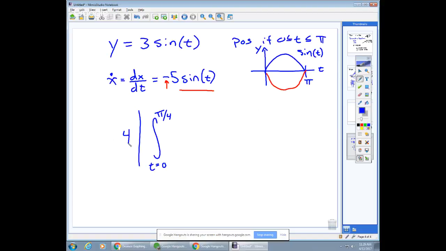I'm going to take 4 times that. And then the integral formula says take your y function, that's 3 sine of t, multiply it by dx/dt, that's negative 5 sine of t, dt. So that's technically the integral we need to get the total area here.